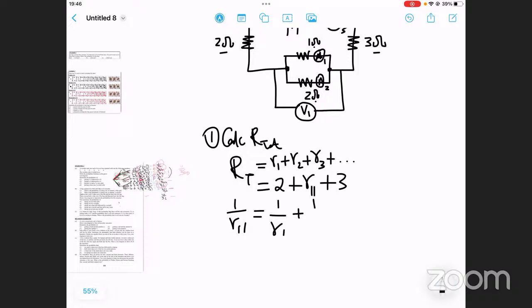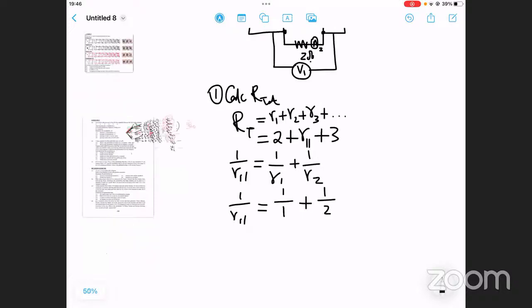On the next step, I substitute 1 over the R1, which is that one, and the other one, which is that 2. The last step is for me to write R parallel and rewrite all of this exactly as it is.